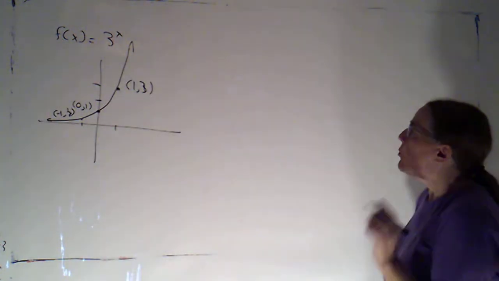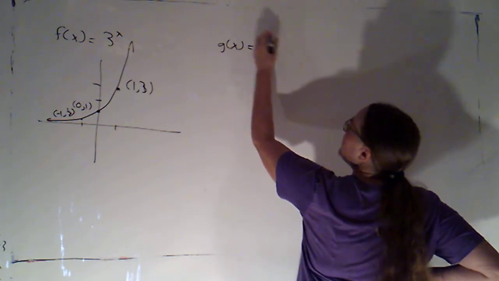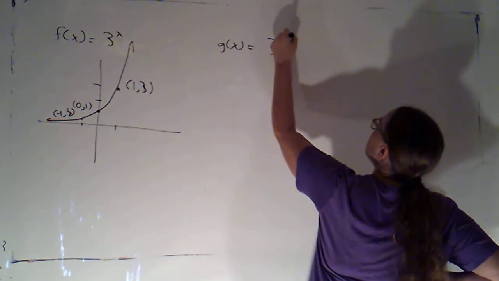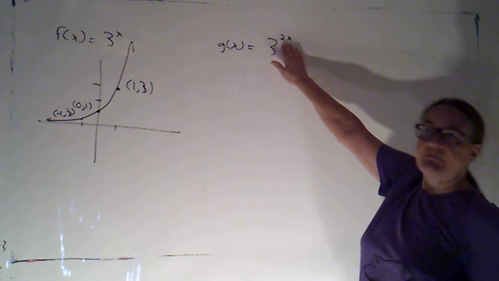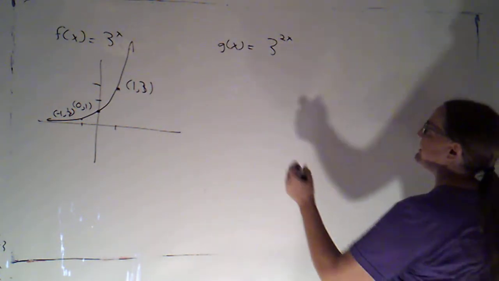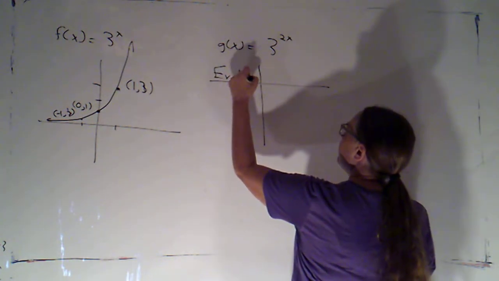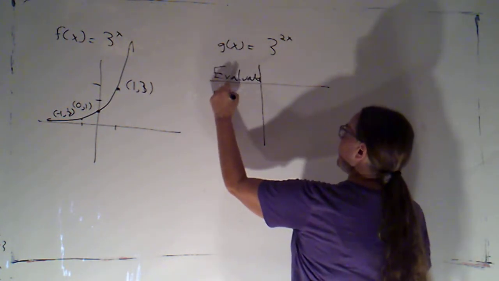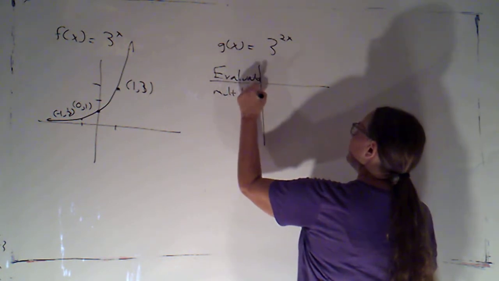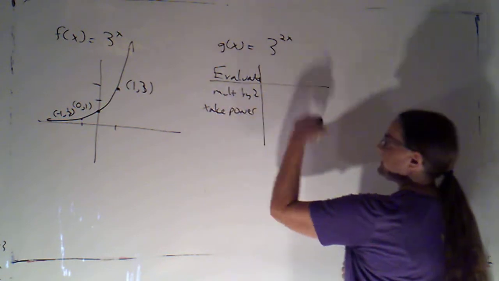Okay, what I'd like to do first is take a look at g of x equals 3 to the 2x, so that I'm doubling x, doubling the exponent before I plug things in. If I take a look at how I would evaluate that, I would multiply by 2, and then I would take the power. So I would raise 3 to that exponent.